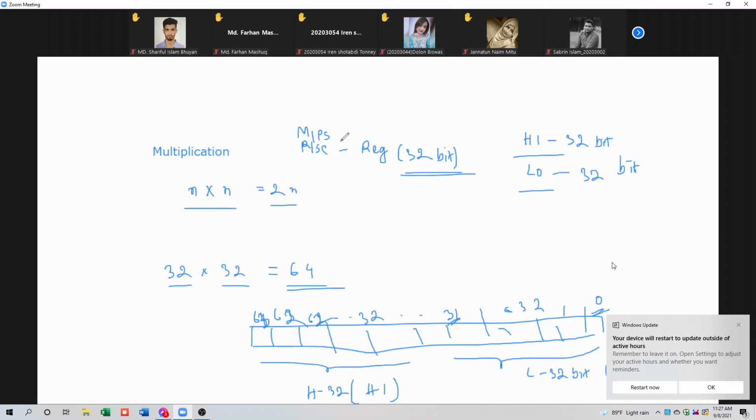But in the MIPS processor there is no register whose size is 64. So you use these two special purpose registers, called the multiply and divide registers, which are also 32-bit registers. The low order 32 bits will be stored in the LO register, and this is for the high order bits.